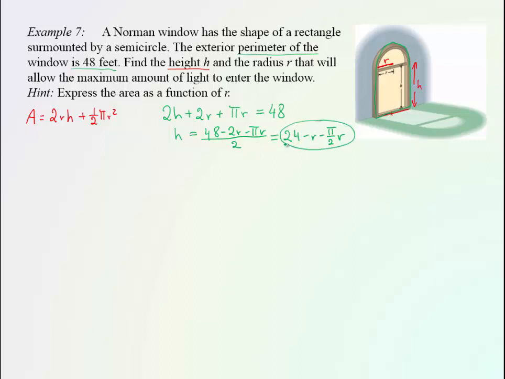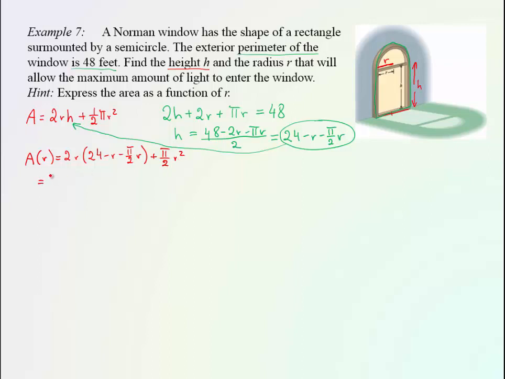We're placing it instead of h in the area formula. So the area will already be a function of r, and it will look as follows: 2r times 24 minus r minus pi half r instead of h, plus pi half r square.